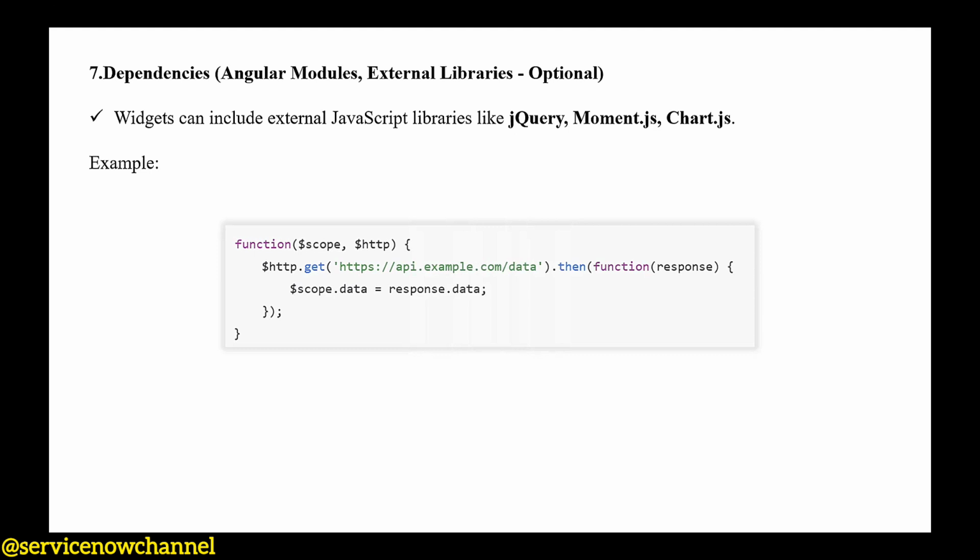For example, if a developer wants to include some external JavaScript libraries, in that case we can use the dependencies component. Below is the example. It's just optional, that's what I'm telling. Most of the developers won't use these dependencies, but it's an option.